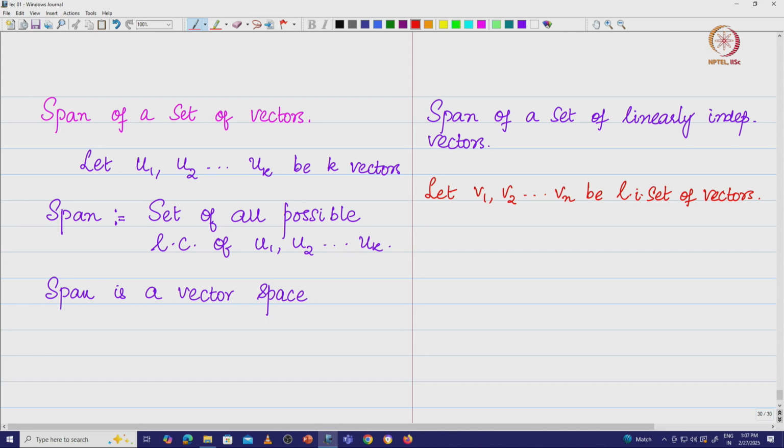What is interesting is how do we define the span? The span is nothing but the set of all possible linear combinations.